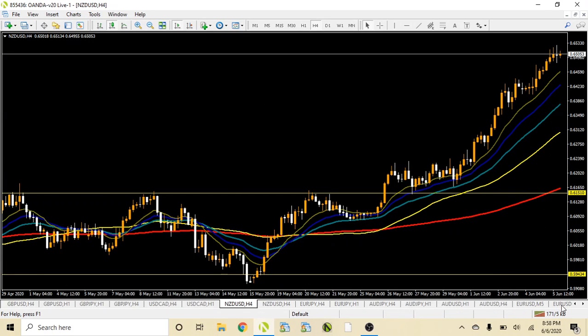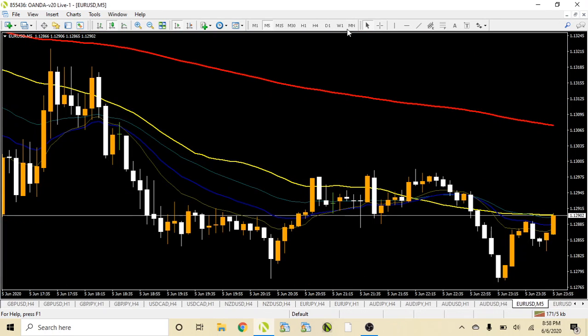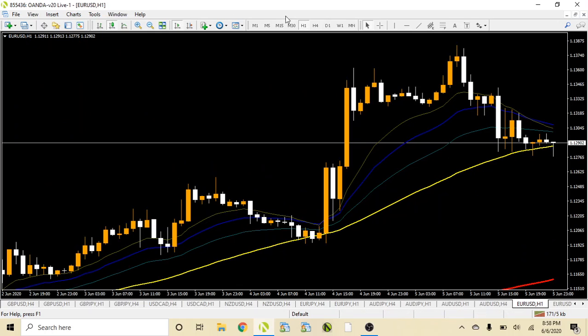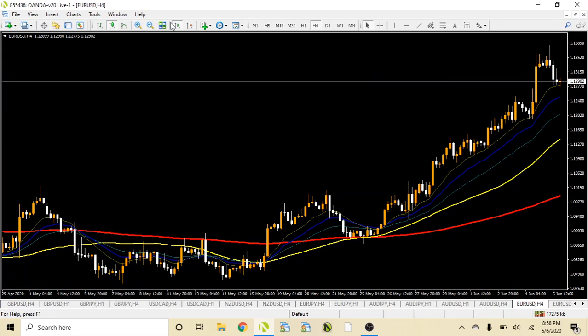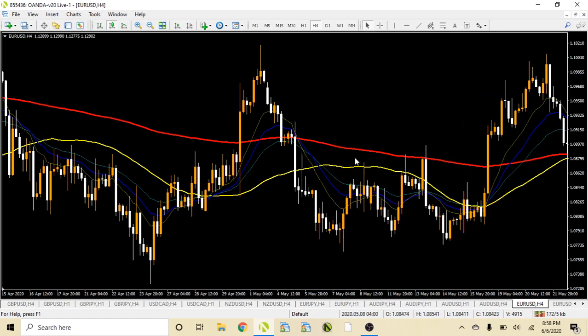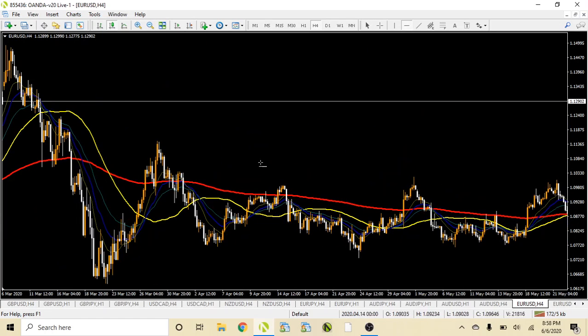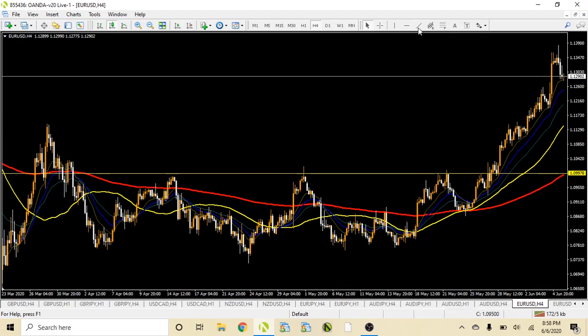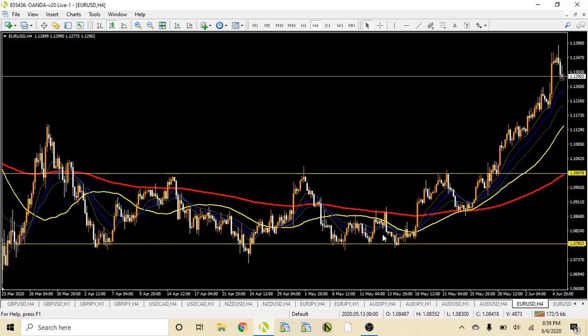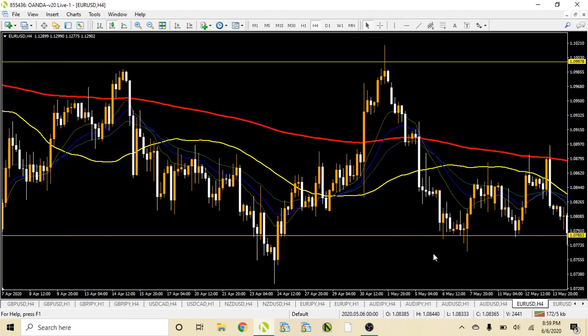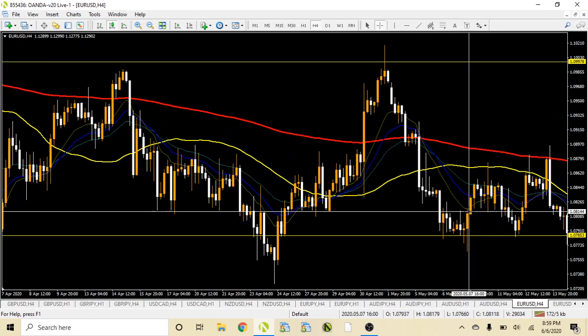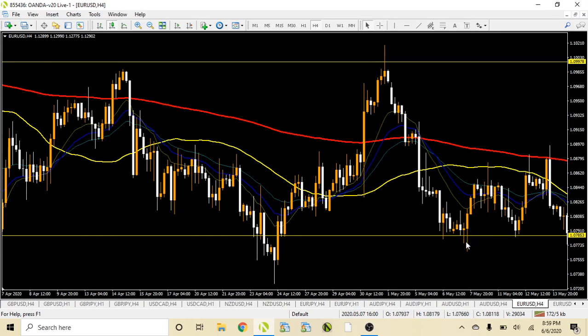All right, Euro. That's the one that I really saw a nice bow and arrow, didn't take it. Hold on. Okay. So I was on to this pair since this whole range. Okay, now it starts making higher lows. Once it did this, I remember I was in right at this candle right here, about this, bingo, right?